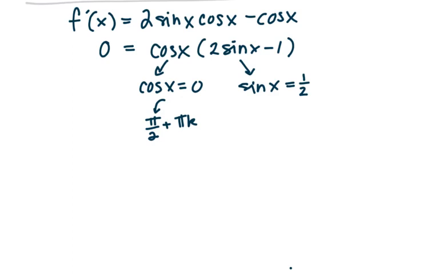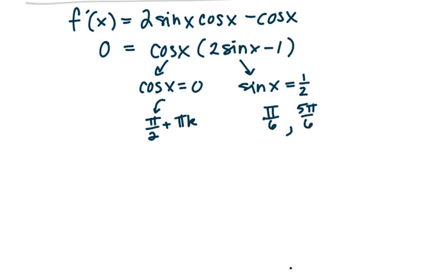And then we also say, well, where is sine equal to 1/2? So where are my 1/2s going to show up on my unit circle? That happens at pi over 6, since sine is positive in the first quadrant, and then also in the second quadrant. So my pi over 6 in the second quadrant is 5 pi over 6.